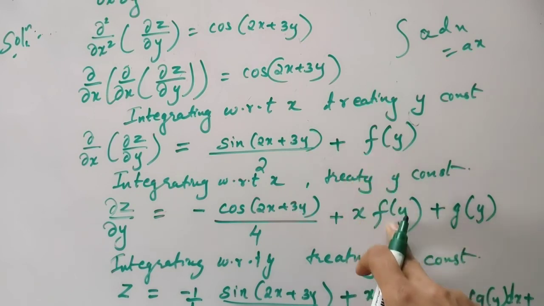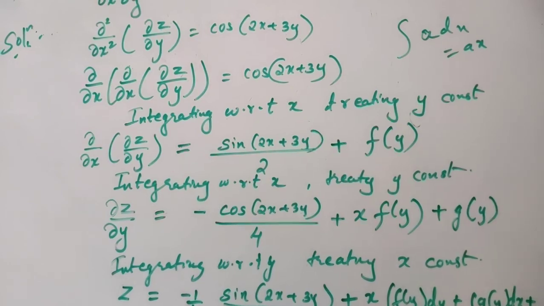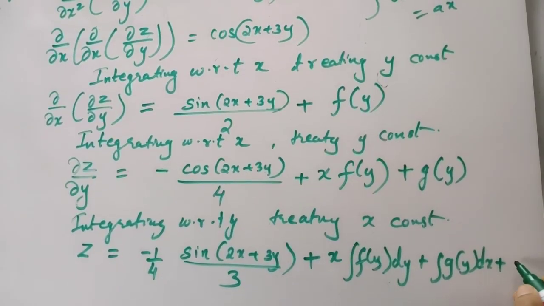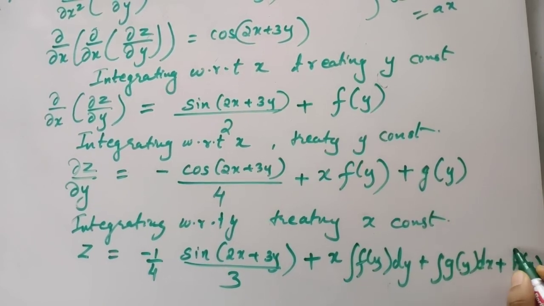Everywhere you wrote an arbitrary function of y. Now while you are integrating with respect to y, treating x constant, that time you have to accompany an arbitrary function of x. I hope the point is clear. So you have to accompany a function of x here. So h of x I will use.